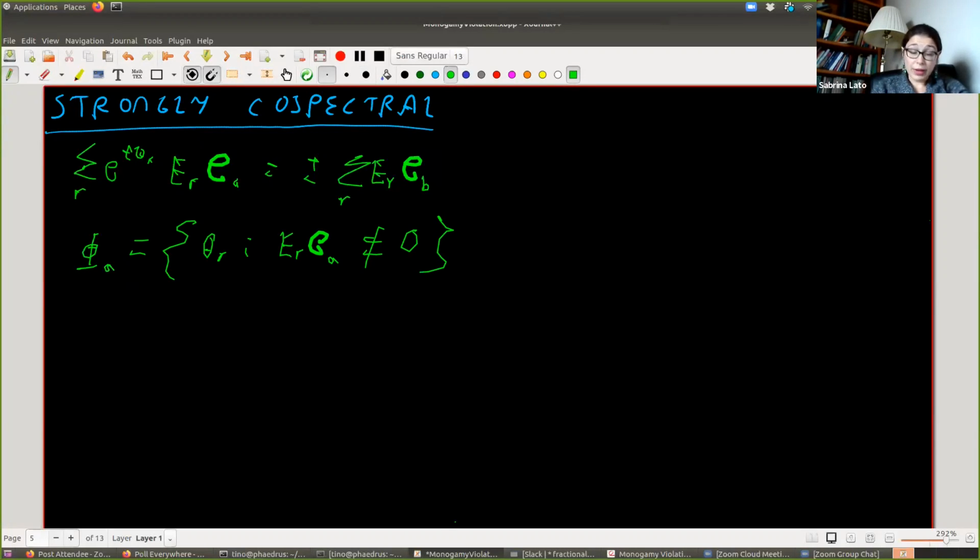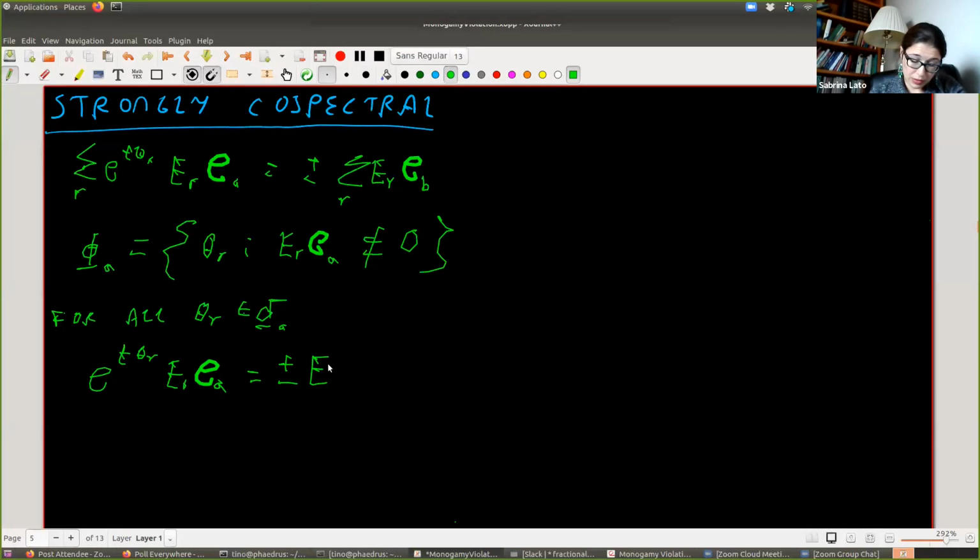So then using the spectral idempotent, we can rewrite this as saying that for all eigenvalues in the eigenvalue support, e to the t theta r times Er times the characteristic vector of A equals plus or minus Er times the characteristic vector of B, which we can then rewrite in this way.